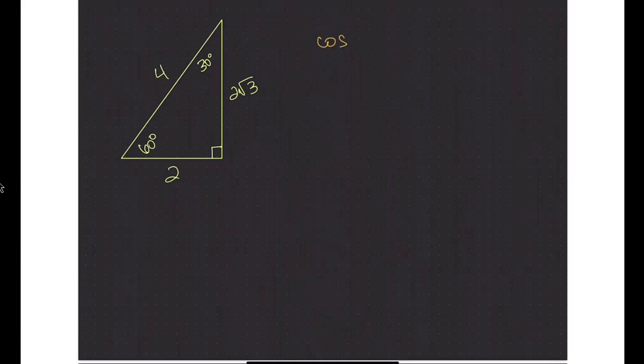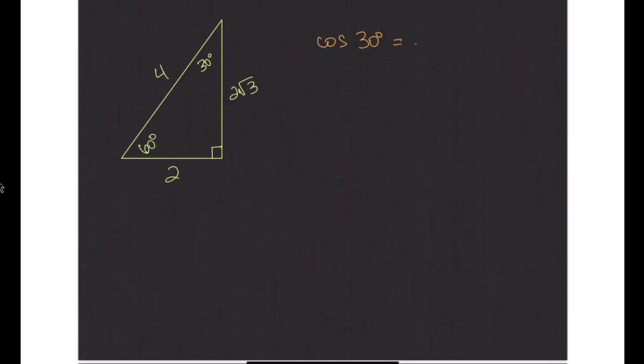And if I wanted to find the cosine of 30 degrees, I know that cosine is adjacent over hypotenuse.